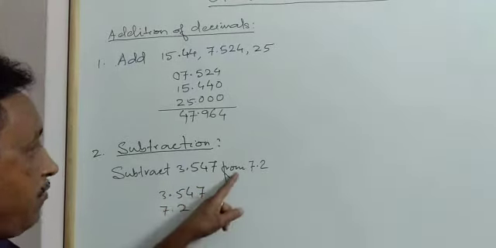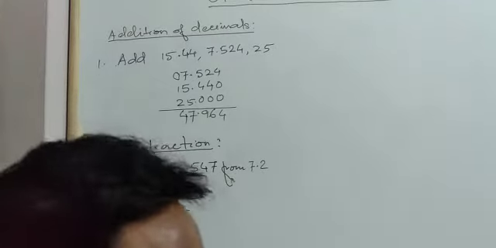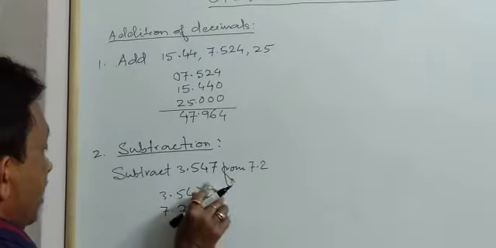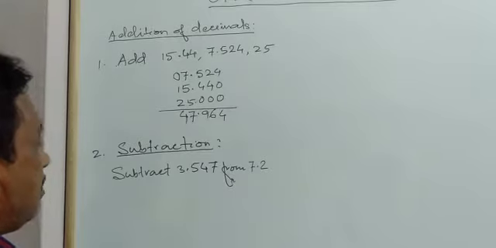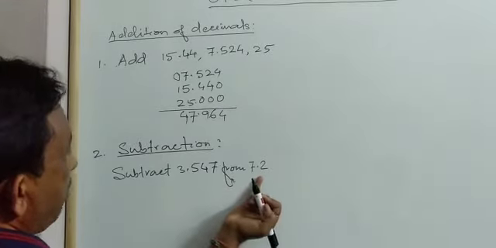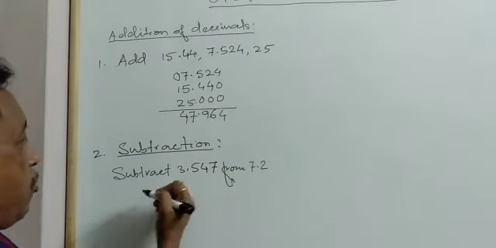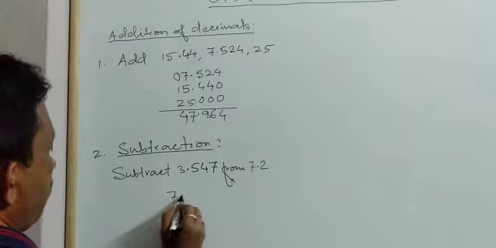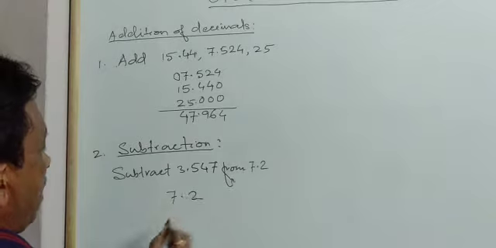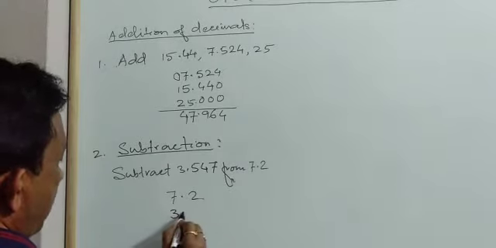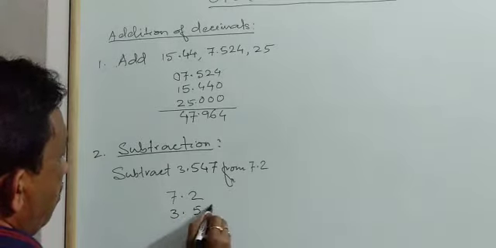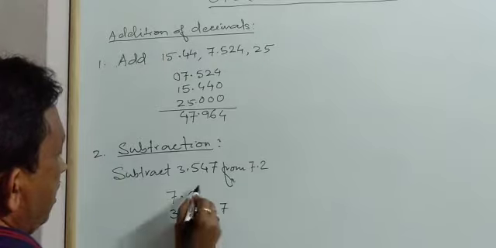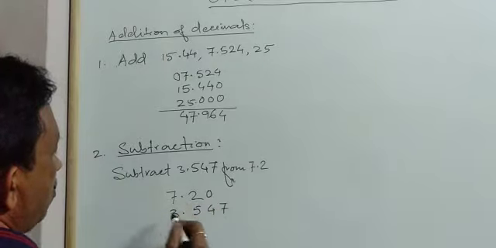See, "from" means in that case the arrangement of the decimals should be like this. From 7.2 I have to subtract 3.547. So I have to arrange the decimal numbers like this: 7.2, 3.547. Here there are no digits, so I can put 0.